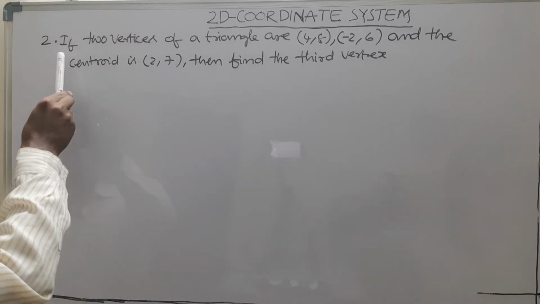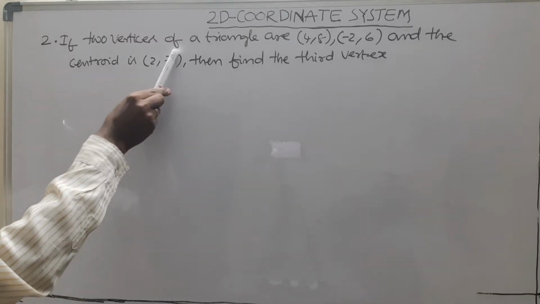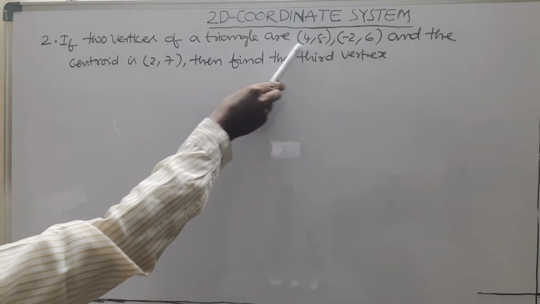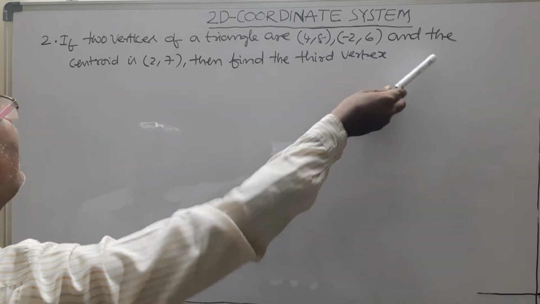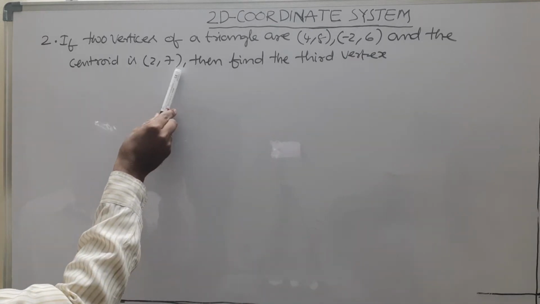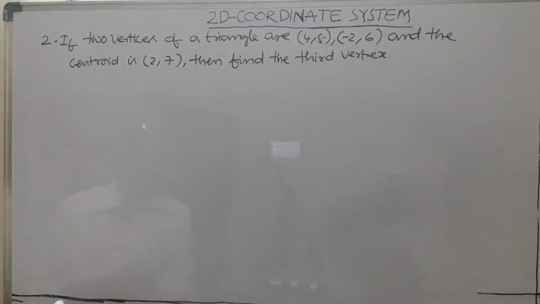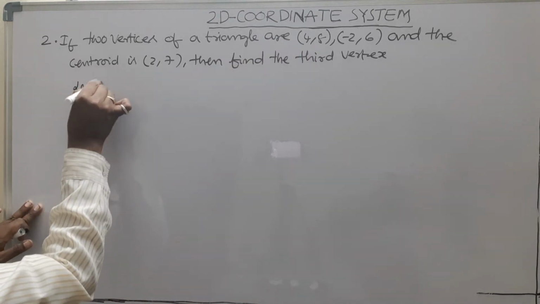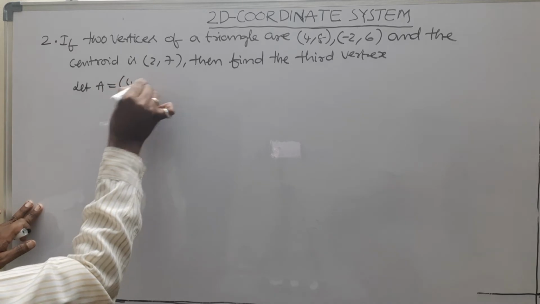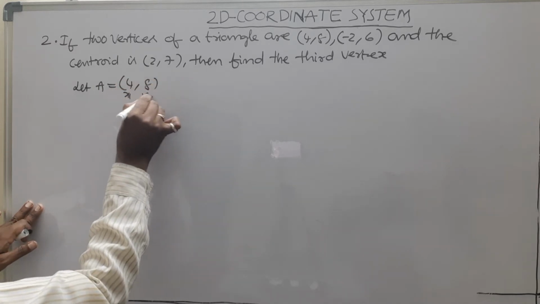Next question: if two vertices of a triangle are (4, 8) and (-2, 6) and the centroid is (2, 7), find the third vertex. Let the first vertex A be (4, 8), the coordinates x1, y1.